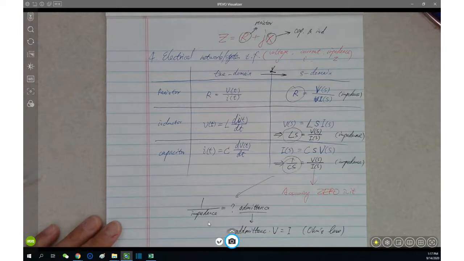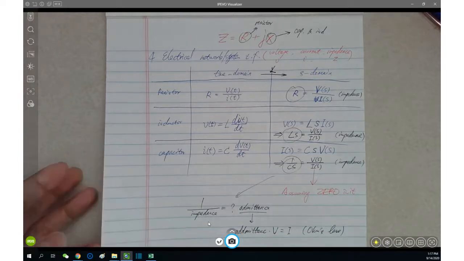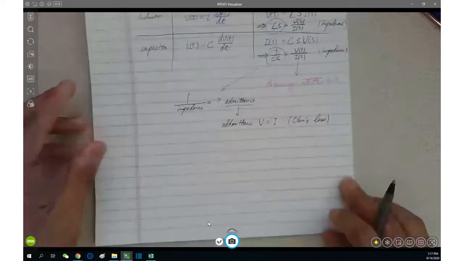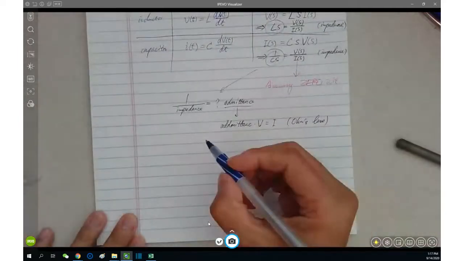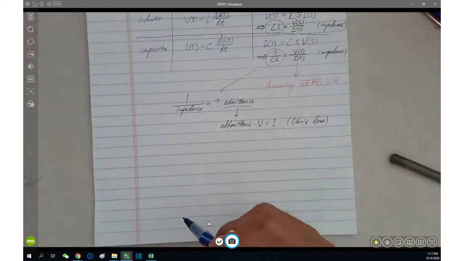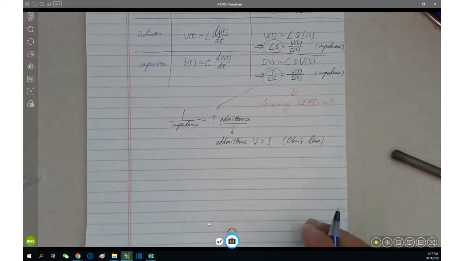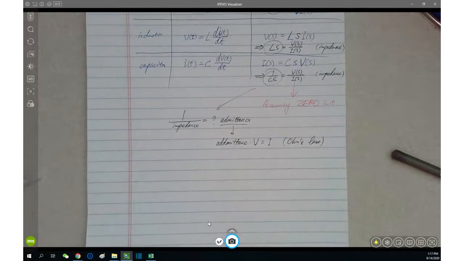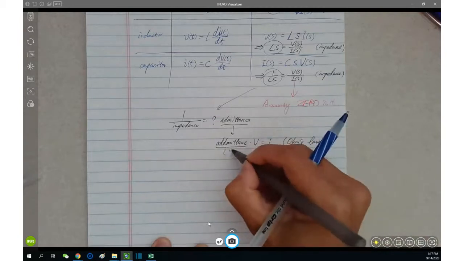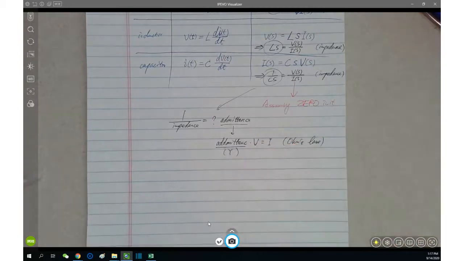This is the electrical. So move on to mechanical. Do you remember the letter for admittance? Anyone can help us recall? Isn't it Y? Very good, Noah is right.